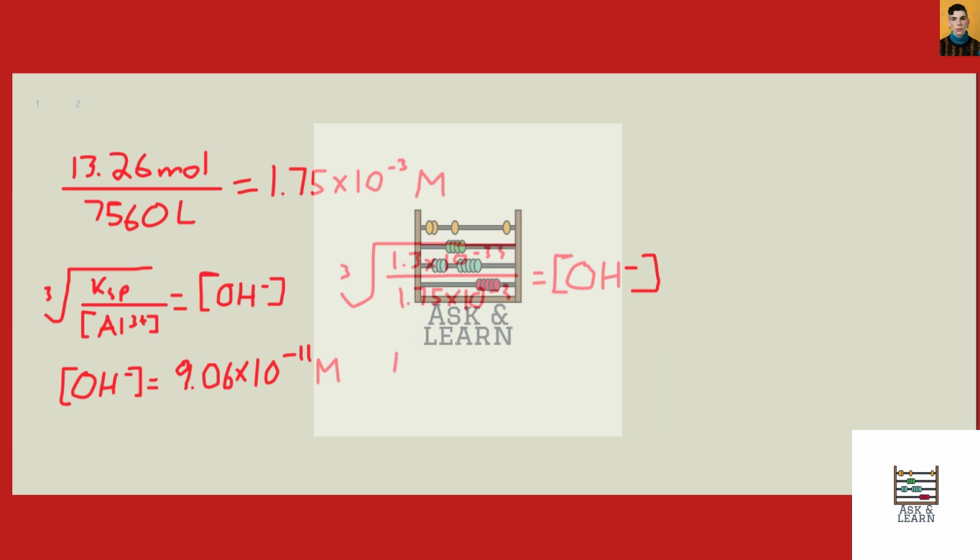So now the pH is going to be 14 minus pOH. And pOH is going to be the negative log of the OH concentration.